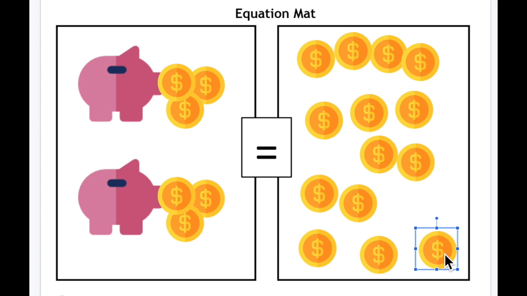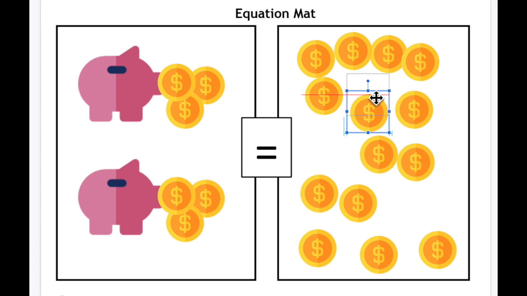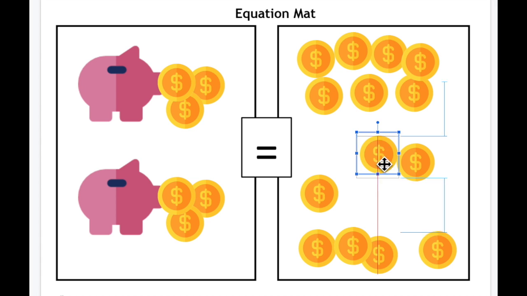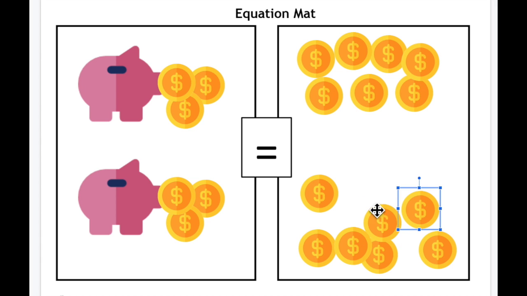Let's see if we can get, there we go. Okay, so 1, 2, 3, 4, 5, 6, 7, and 7. Okay, so remember the goal is to find what's in one of these little piggy banks.